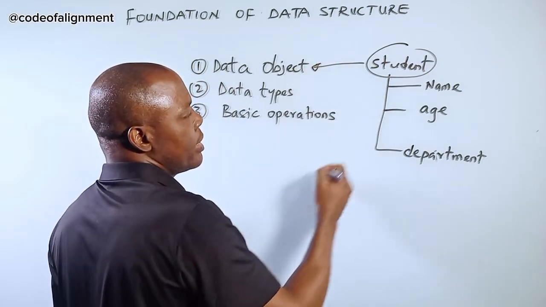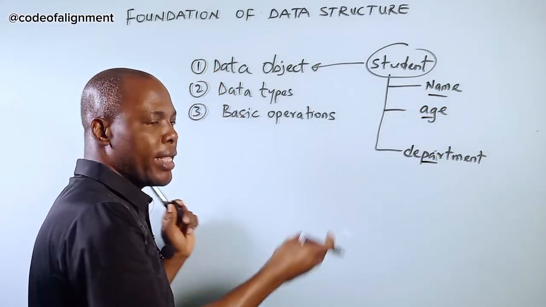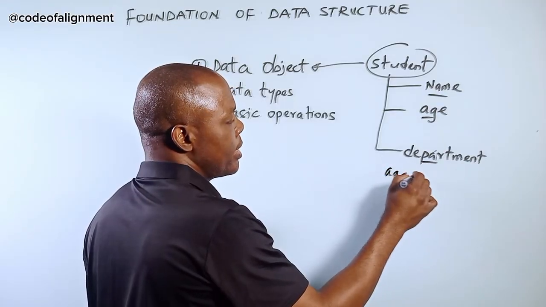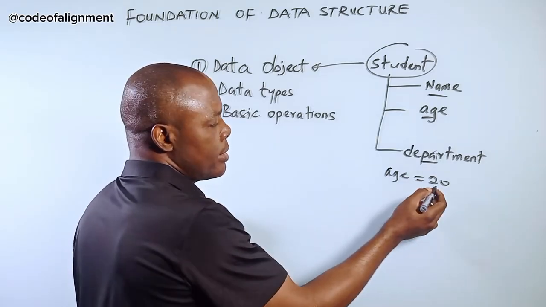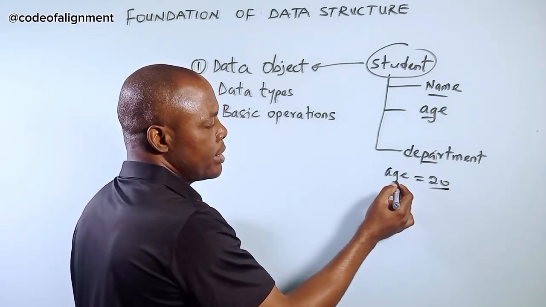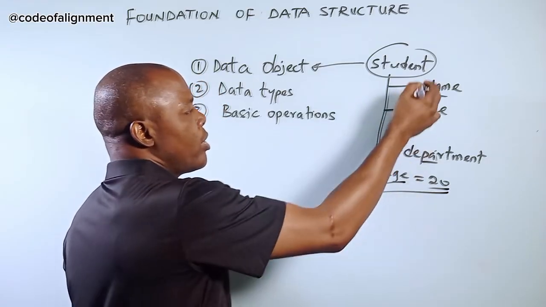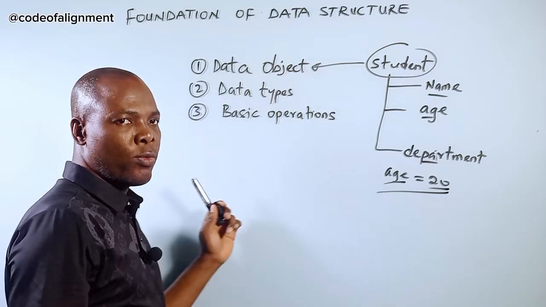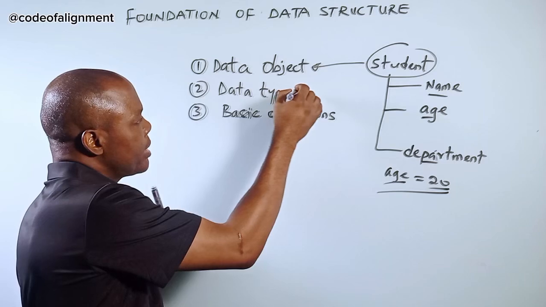A data object. Now, these are the fields, which are the data items. If for age I assign 20 to it, this is the data, and this is a field name. So this is considered as a data item. Now, all these data items together make up the student, and that is what you refer to as a data object.